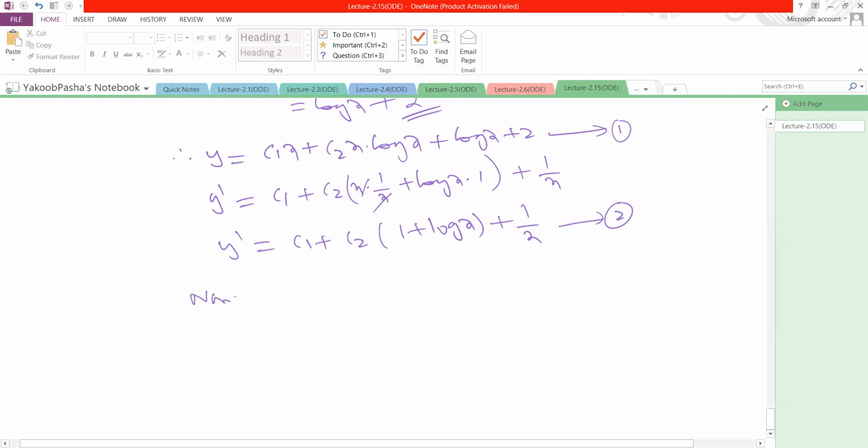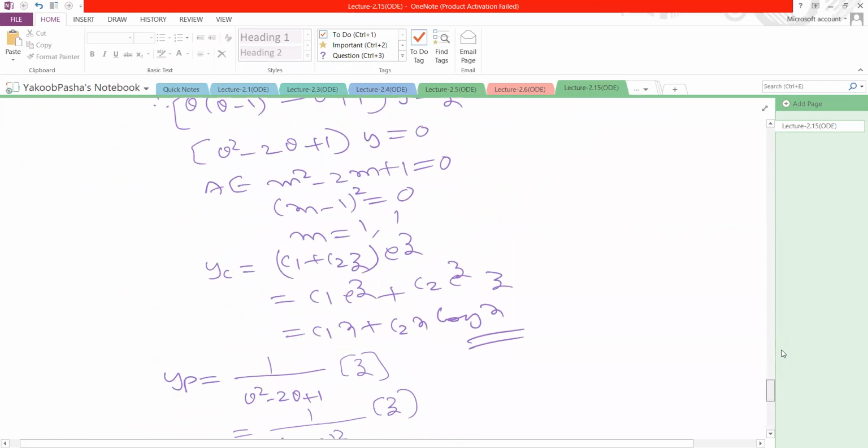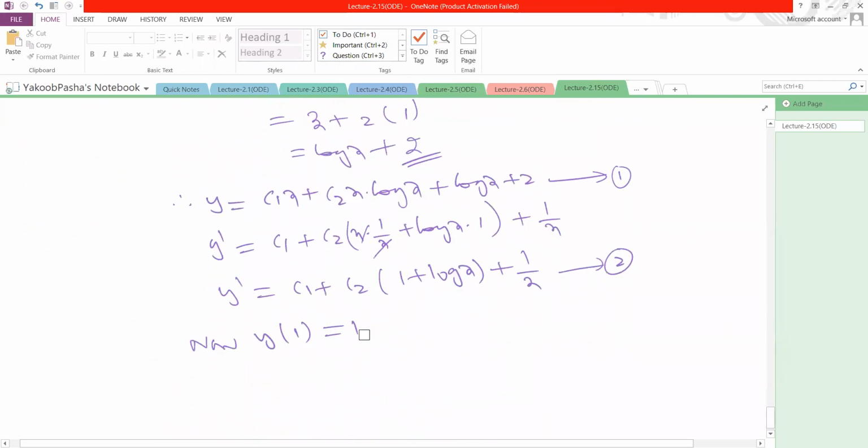Now apply the boundary conditions. What we are given: y of 1 equal to 0, y dash of 1 equal to 0. So I am taking the first boundary condition, y of 1 equal to 0. Then substitute in equation number 1. So x equal to 1, y equal to 0.